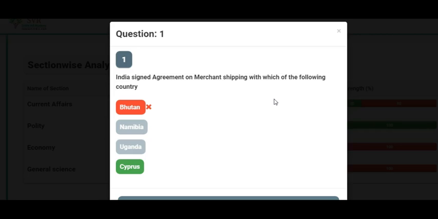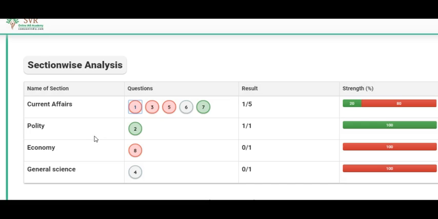The agreement will eliminate all the obstacles to sea trade between India and Cyprus. So at the end, the agreement on merchant shipping will improve the trade relationship between India and Cyprus via the sea route. Now we will move to the second question.